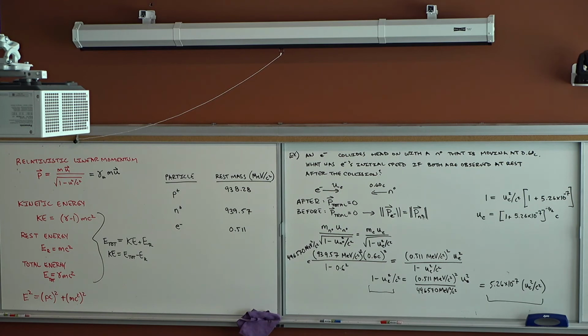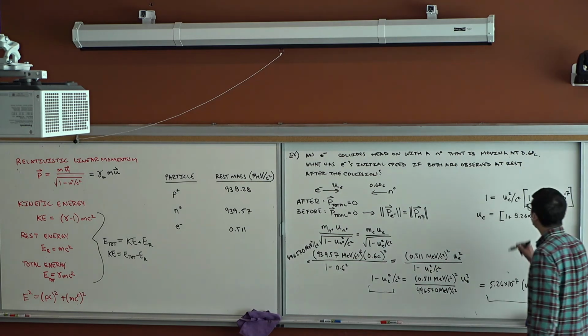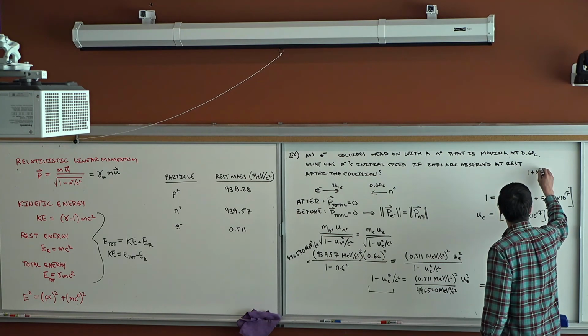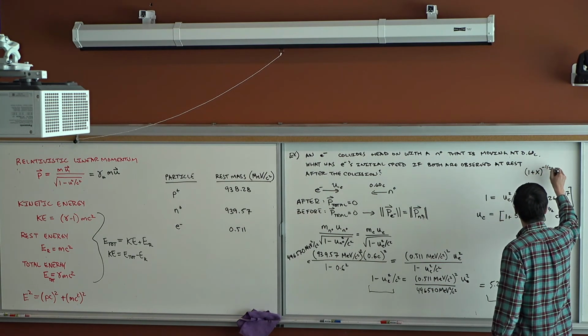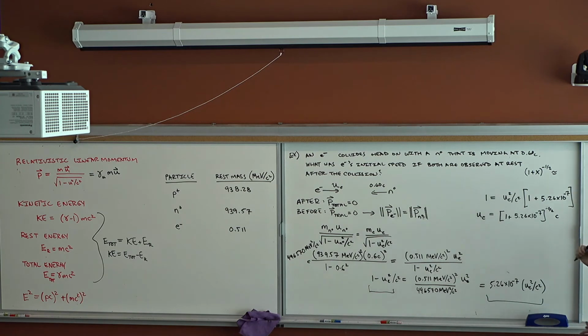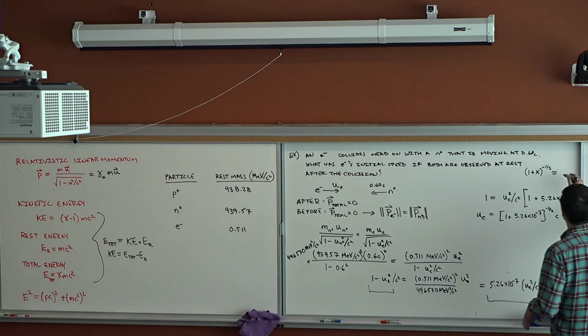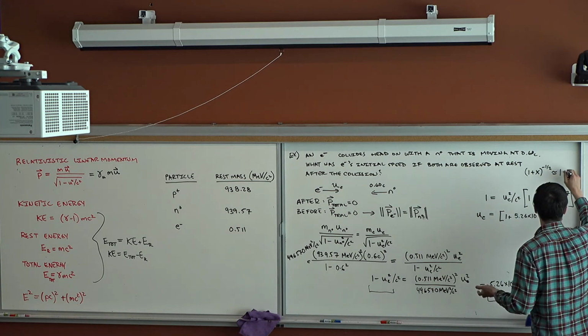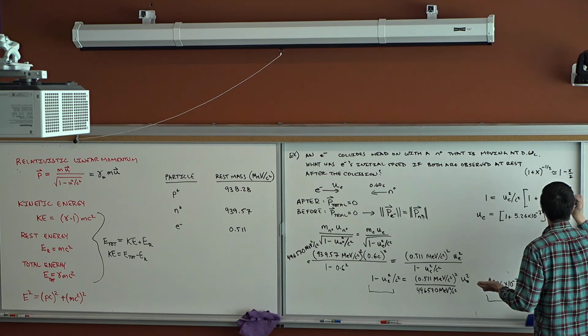And so we can use our binomial approximation, 1 plus x to the minus half is approximately 1 minus x over 2.